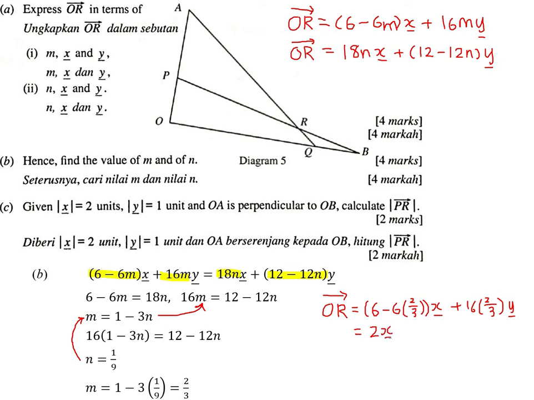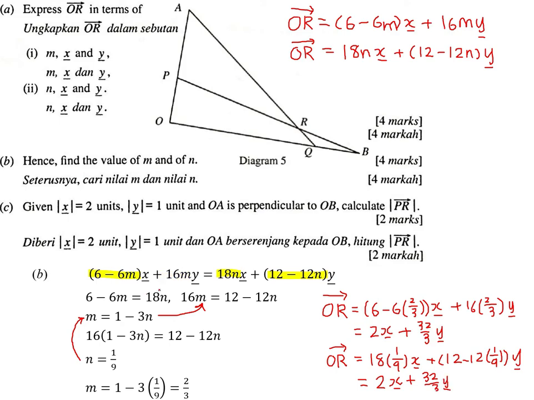And then 16 times 2 over 3, we will get 32 over 3 y. And the other one is 18 times 1 over 9 vector x plus (12 minus 12 times 1 over 9) vector y. So both of these vectors give you the same vector OR, 2x plus 32 over 3 vector y.